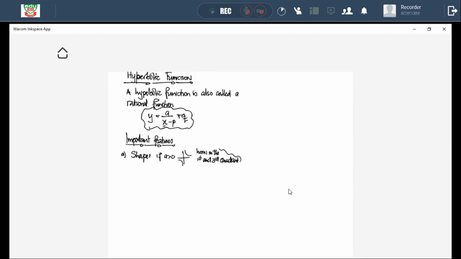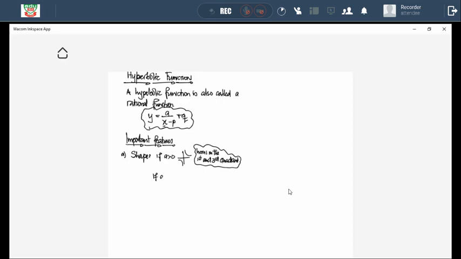That is very important when you are looking at the value of A. Once the value of A is greater than 0, meaning you've got a number like 1, 2, 3, 4, 5, anything which is greater than 0, it means the horns are going to be in the first and third quadrant.